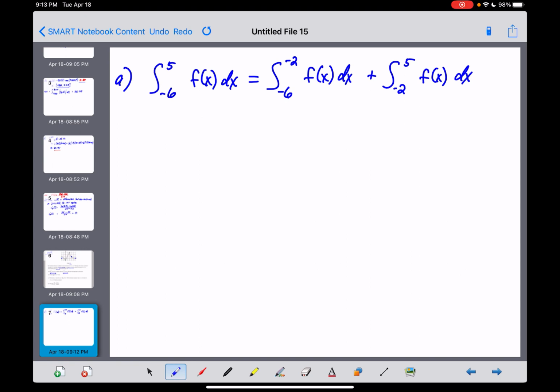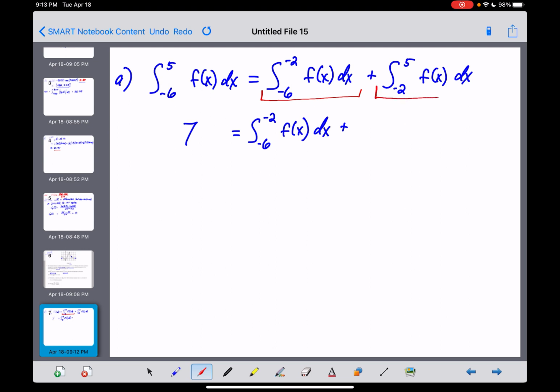This integral on the left, they told us the integral from -6 to 5 has a value of 7. So that goes right there. Equals, this is the integral we're trying to find the value of. So we don't know the value of the integral from -6 to -2 just yet, so we're fine leaving that one blank. But here's where a whole bunch of work has to happen now.